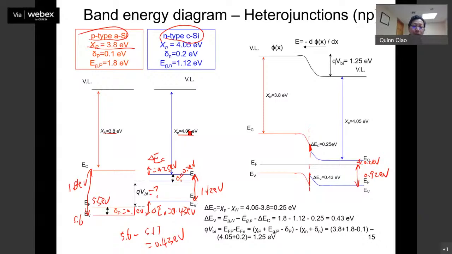And then this total is 4.05 plus this 0.2, that's 4.25. So QVBI is 5.5 minus 4.25, that's 1.25, right? See here, this is 1.25.